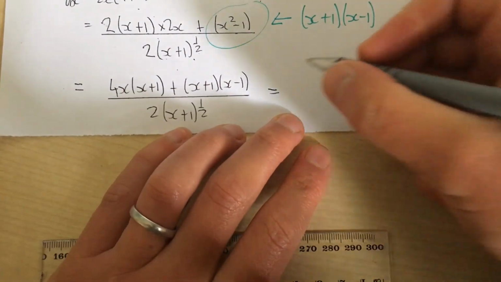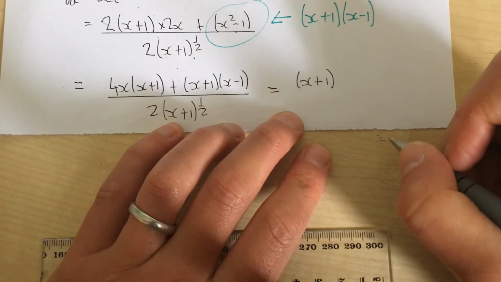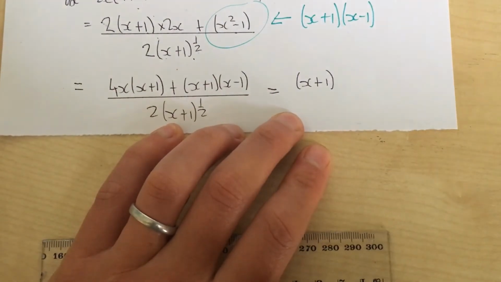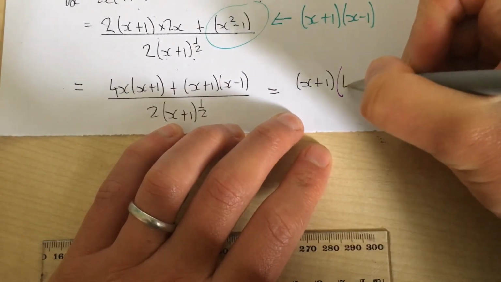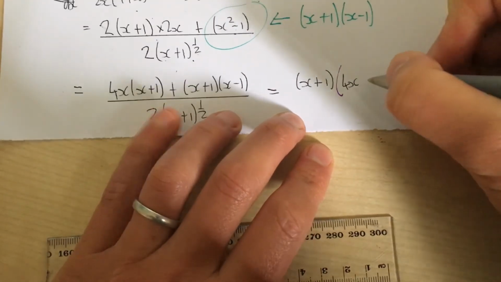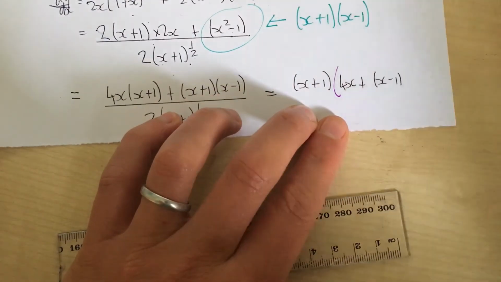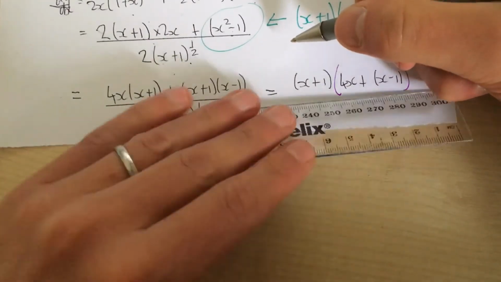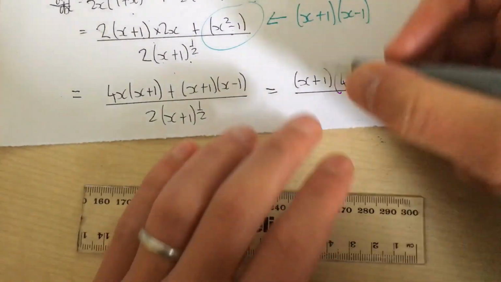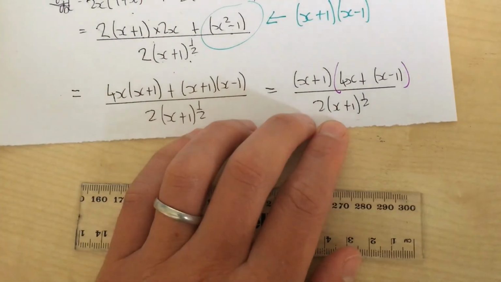So now I'm going to say x plus 1 is my factor, so take that out, x plus 1 here. And if I take that out as a factor, I'm left with 4x from this term, and I'm left with plus x minus 1 in this term. And of course, it's still over the same thing. That is 2(x plus 1) to the half.